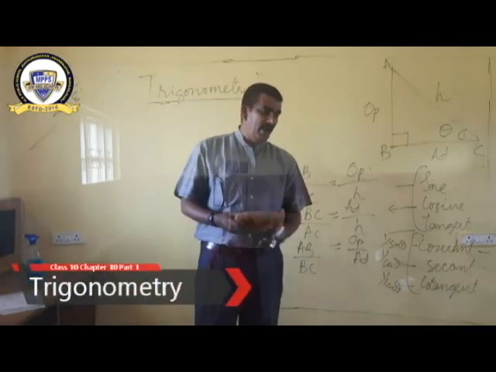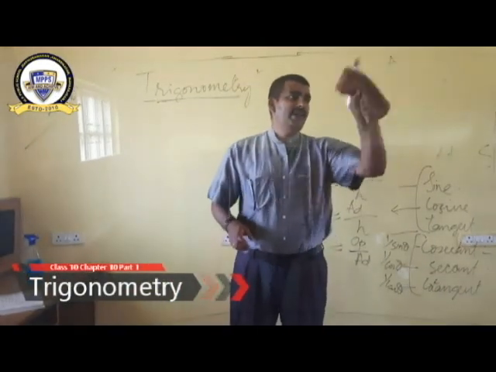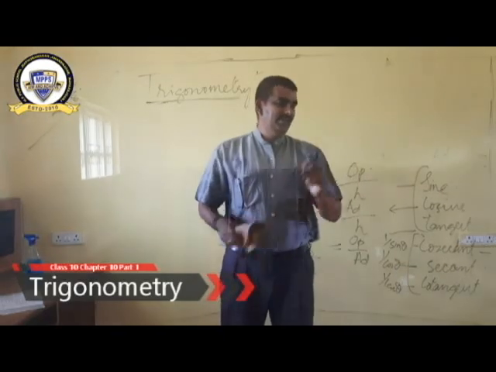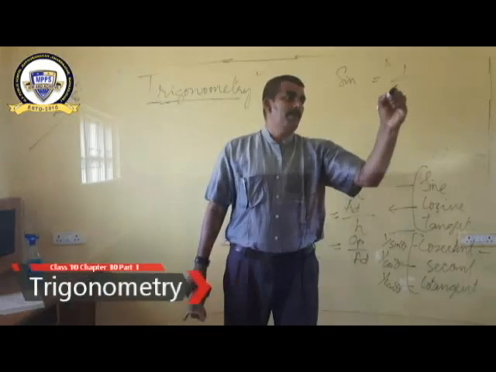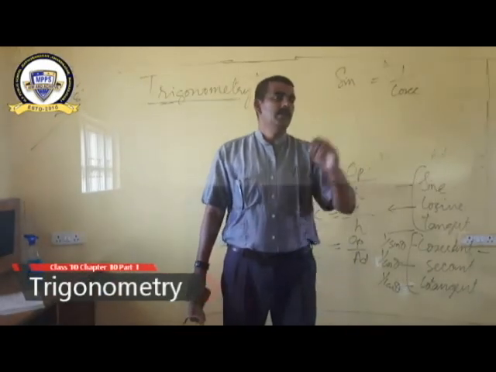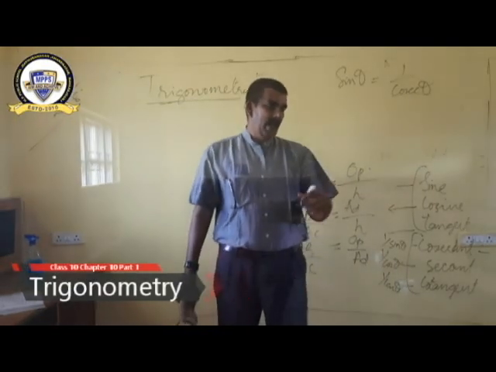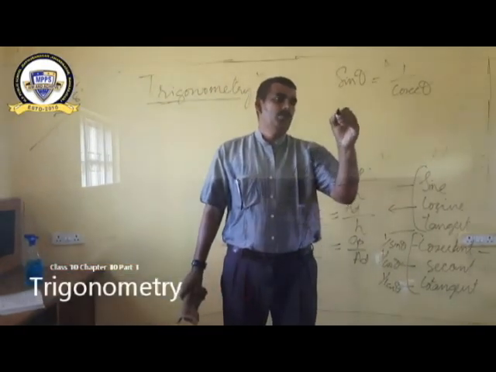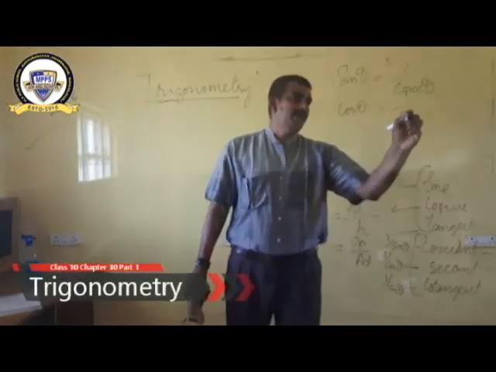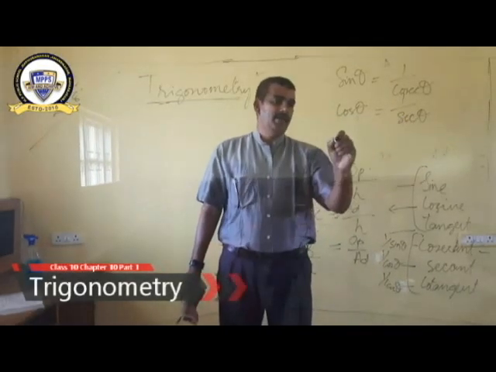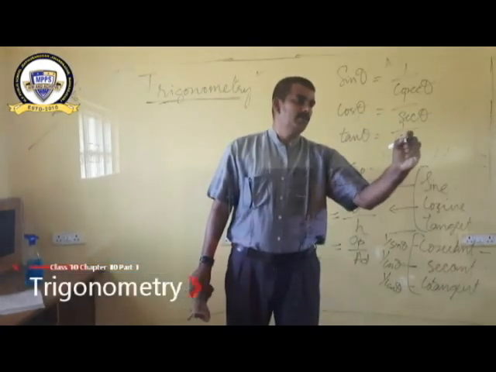So here some identities you are going to get. What are those identities? Sin theta is equal to 1 by cosec theta, and cos theta is equal to 1 by sec theta, and tan theta is equal to 1 by cot theta.